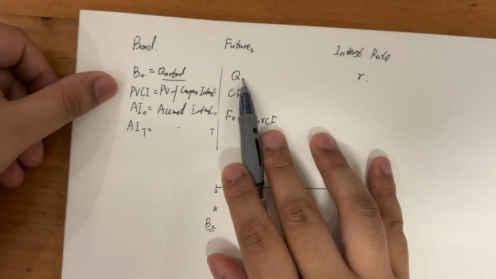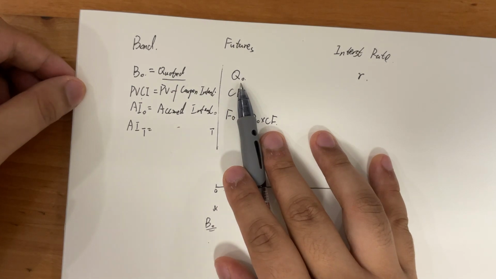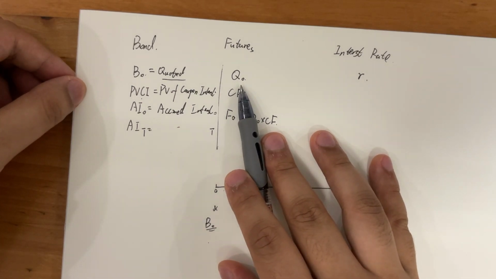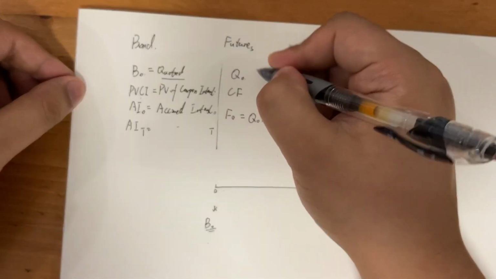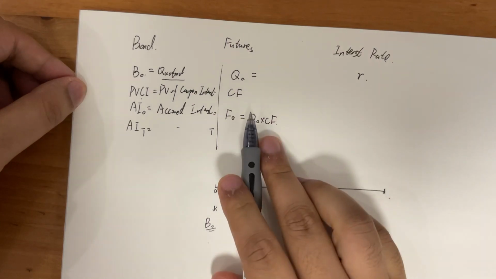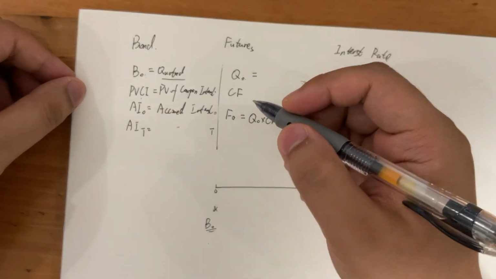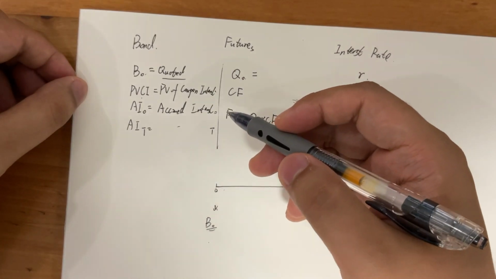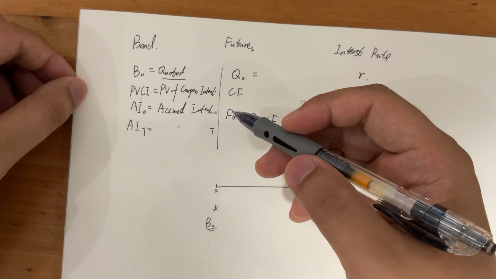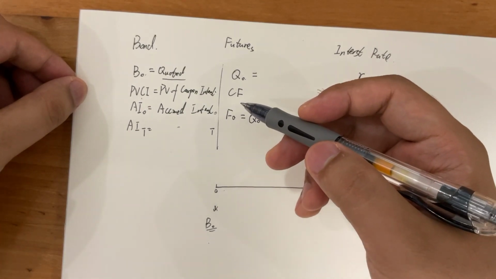But what about futures? If you want to buy a specific future at time zero, you go to the futures market and buy it. The future has a quoted future price, and we have Q0. The future also can't be bought and sold at that quoted price. You have to use the conversion factor to get the adjusted future price.